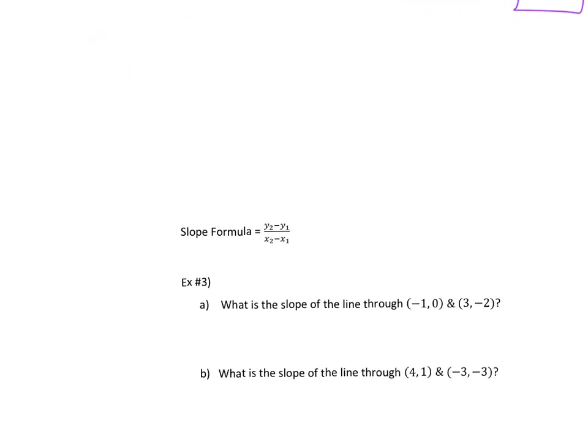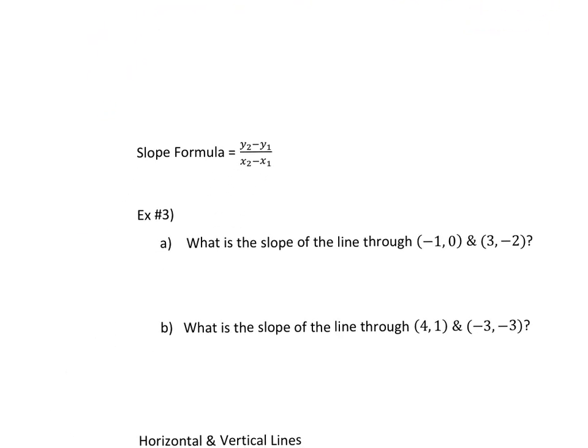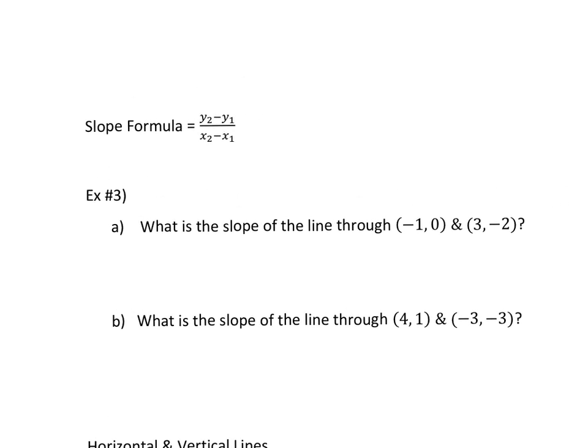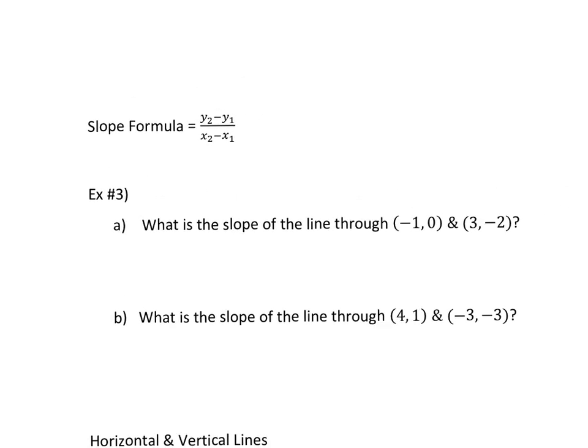So with this, sorry for the big gap, that's just the second page. There is a formula for slope. And I told you at the beginning, rate of change was the change in your y over the change in your x, right? That's what this is saying. Change meaning subtract, okay? So y2 minus y1 over x2 minus x1. They're going to say, what's the slope of the line that goes through these 2 points?